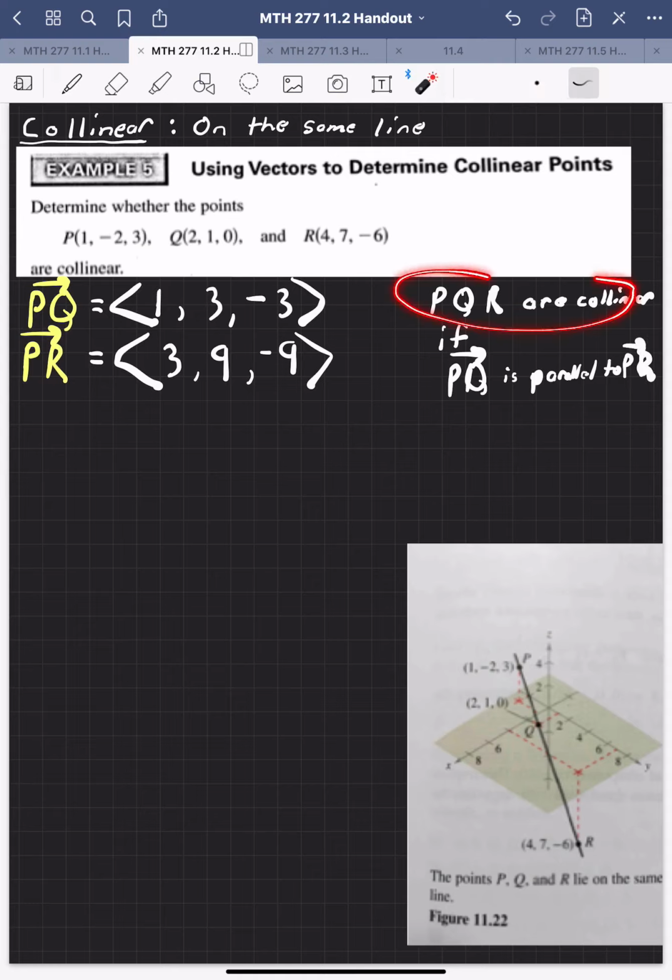So I can make the statement about them being collinear. I just have to prove that these two vectors are parallel. All right. Well, how do we do that?